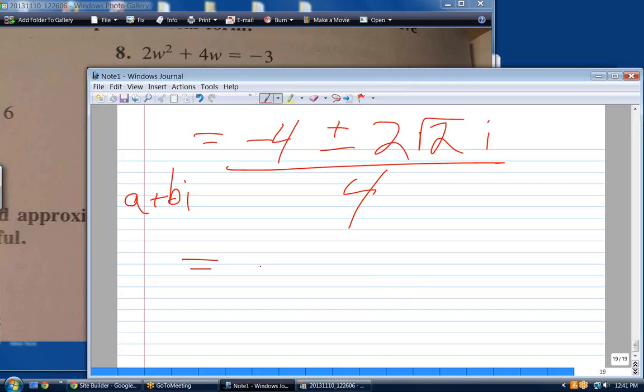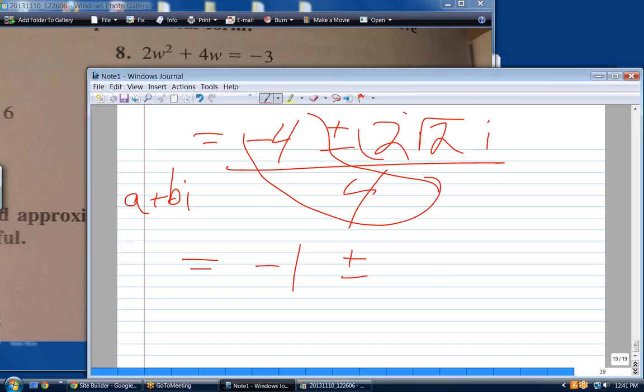Split it into two fractions. The first one is negative 4 over 4, which is negative 1. And then 2 square root of 2I over 4.